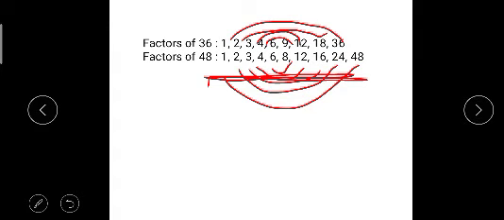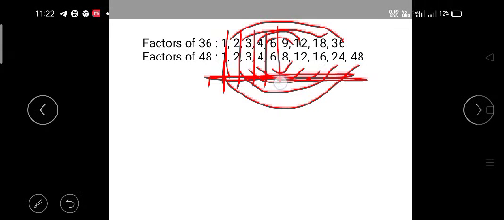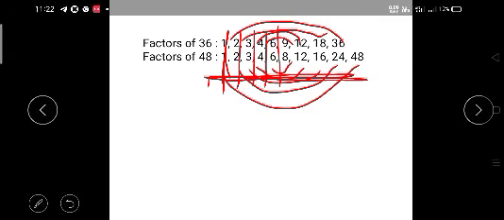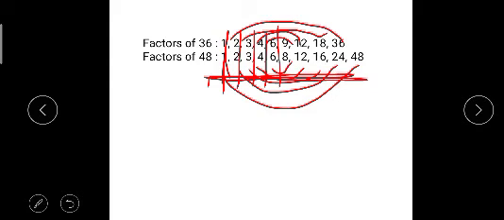Okay, now we see the common factors. Which are the common factors? You can see 1 is common, 2 is also common, 3 also common, 4 also common, 6 also common, then 9 is not, and 12 also common.